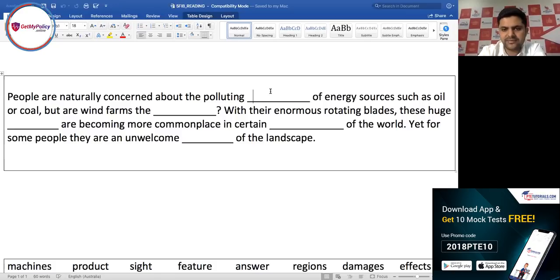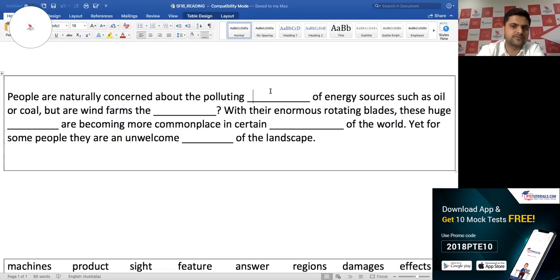Now, polluting damages does not create any meaning or any sense. People are naturally concerned about the polluting damages of. Now this does not create any meaning. So you have concern about the polluting machines of energy sources or polluting effects of energy sources.